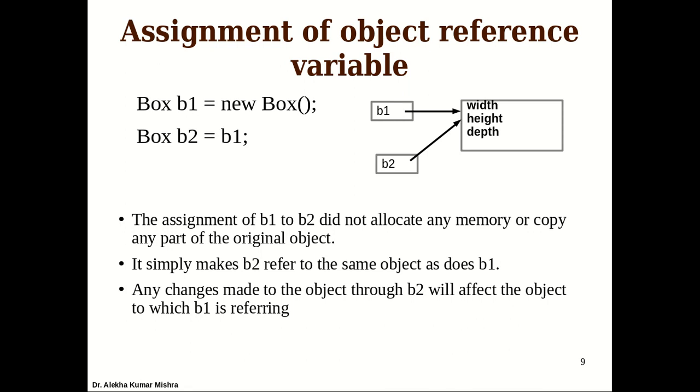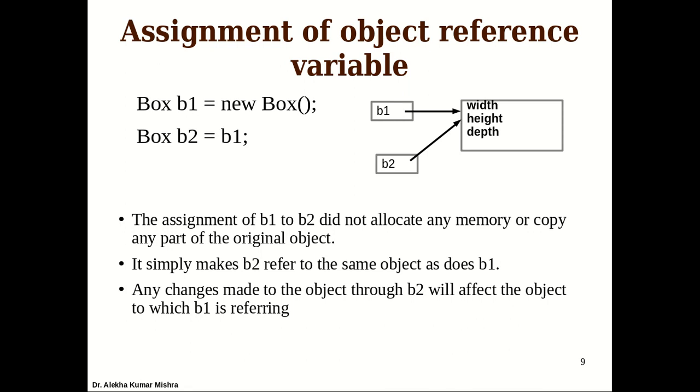What happens here is it's simply a reference. b2 is another reference to the object which has already been created, and b1 is already holding a reference to it. So you are creating another object variable which just holds a reference to the already existing object. If you remember reference variables, it's nothing but a reference variable.